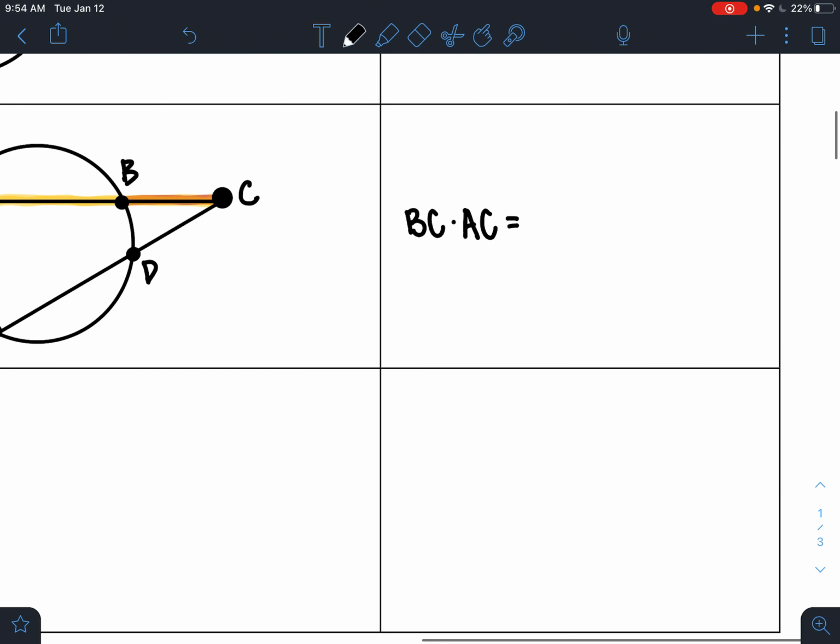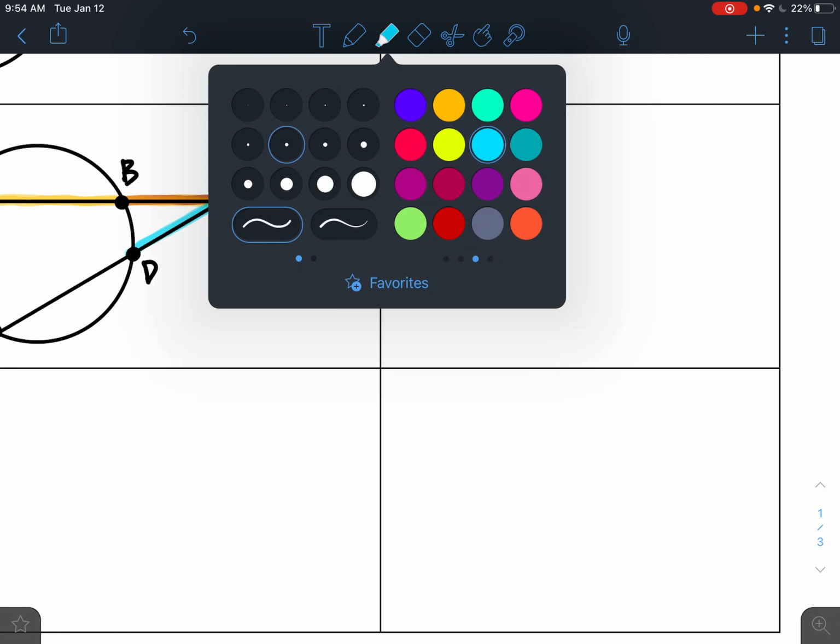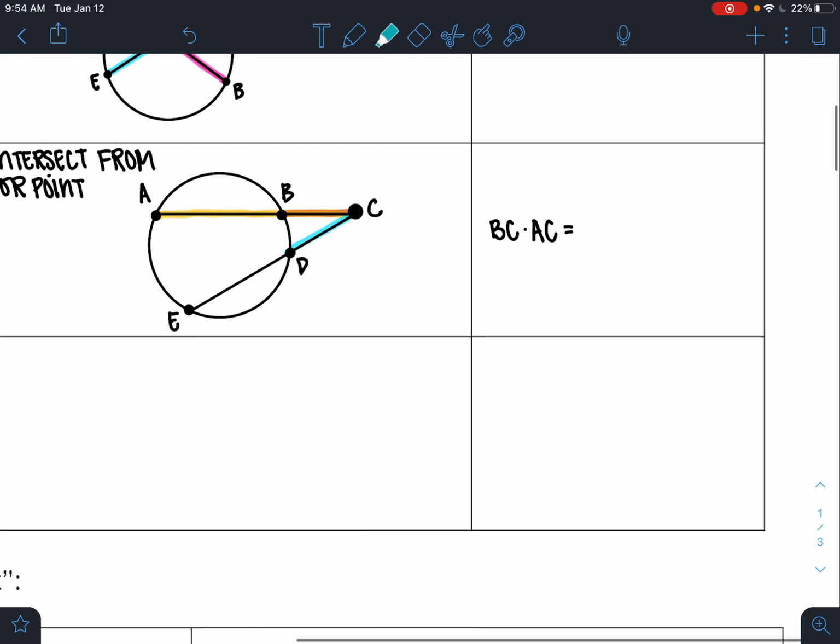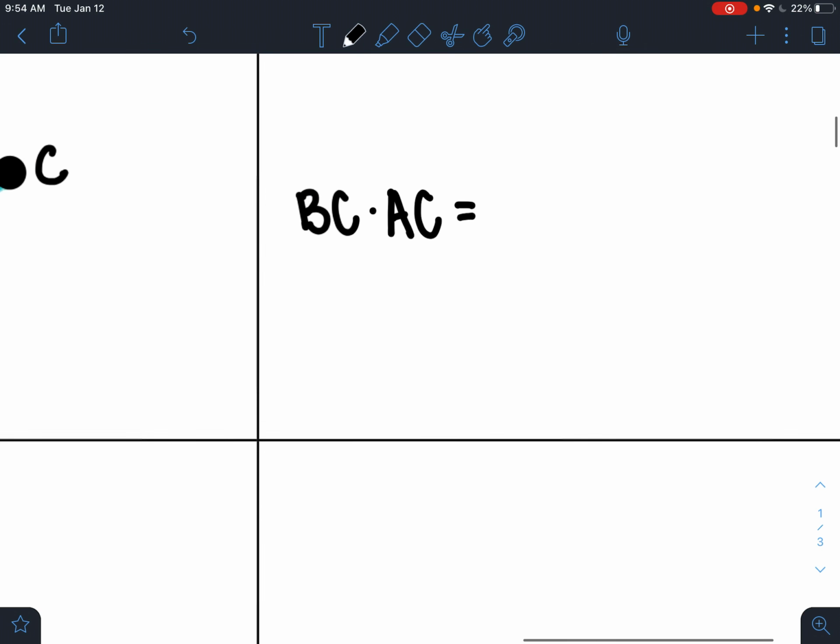Equals, and it's the same pattern: I take the exterior segment CD and multiply it times the entire segment EC. So we have CD times EC.